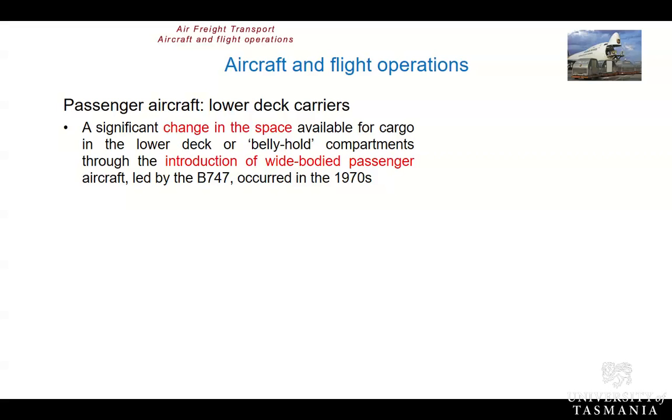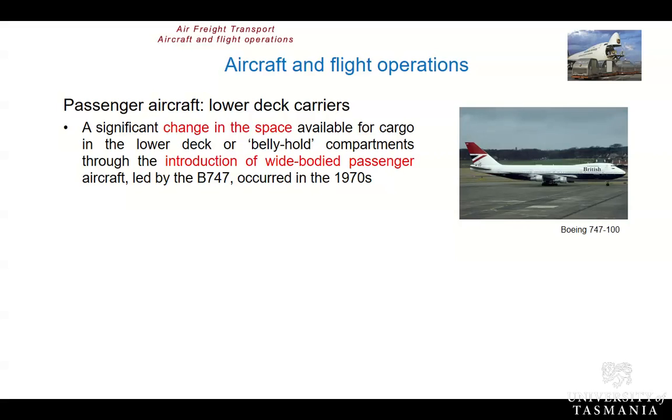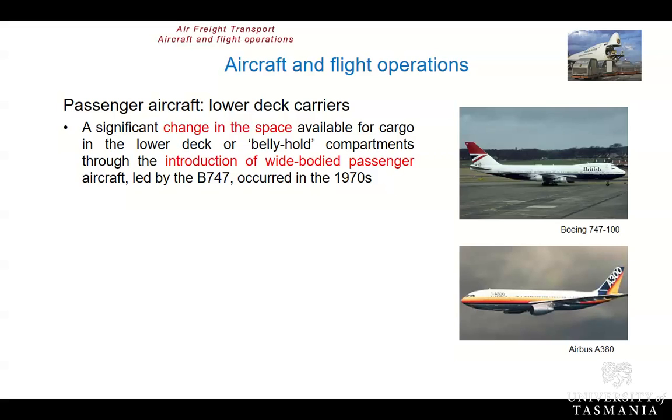The big change that really brought passenger aircraft into, I suppose, presenting that opportunity goes back to the 70s, when one of the major innovations in regards to aircraft was the wide-bodied passenger aircraft, the Boeing 747. So the Boeing 747 for the first time was presenting a significant volume that could be carried on passenger aircraft, quickly followed by the Airbus A380.